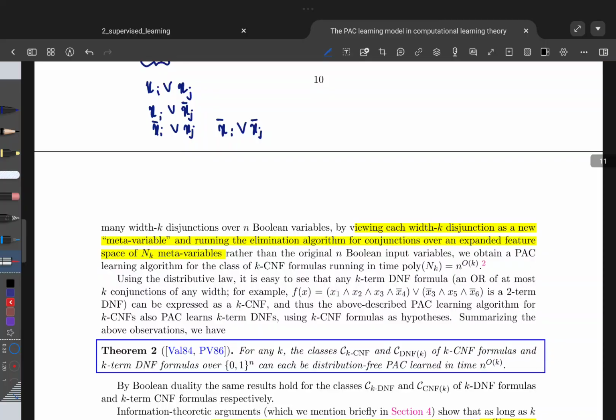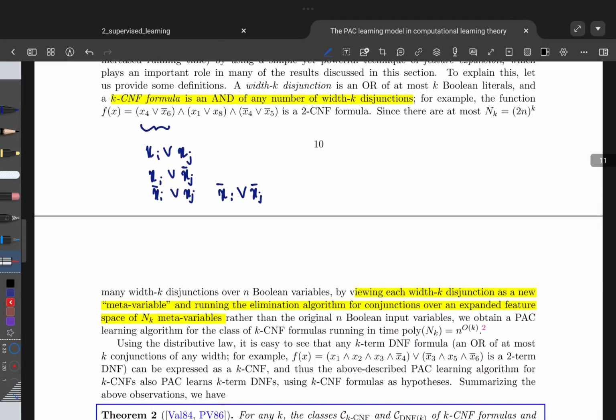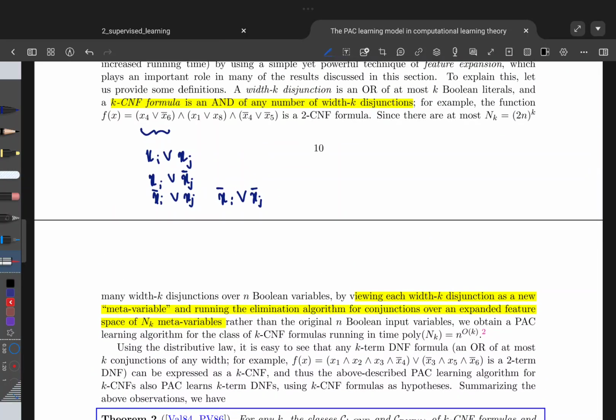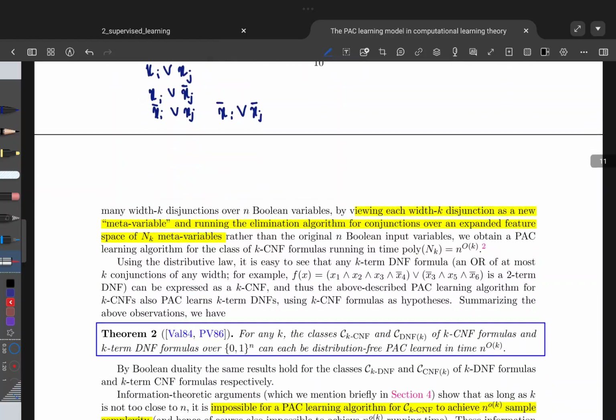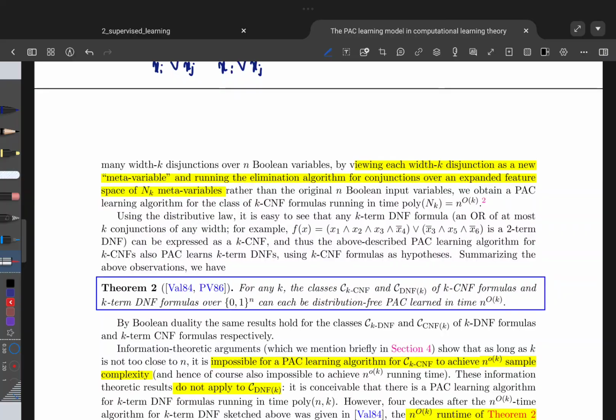All right? So the elimination algorithm that we looked at previously can also be used in this particular context. And you can also show that if k is fixed, then KCNF, and similarly the disjunctive normal form, which is an OR of AND terms, can also be learnt in time that grows as n to the order of k.